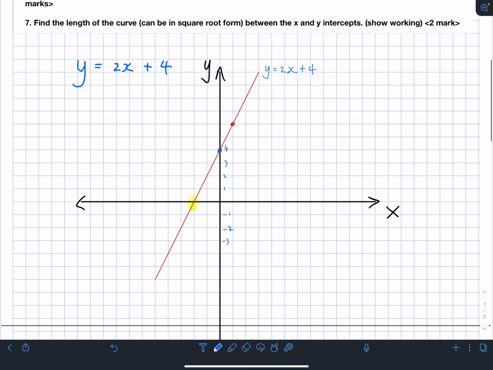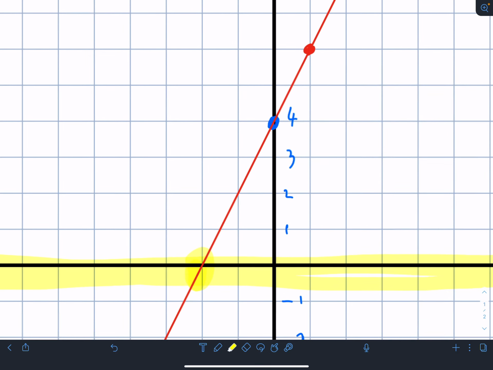We need to ask ourselves, what's the value of y on the x-axis? So it's at this point here. What's the value of y? y is 0. y equals 0 at the x-axis.